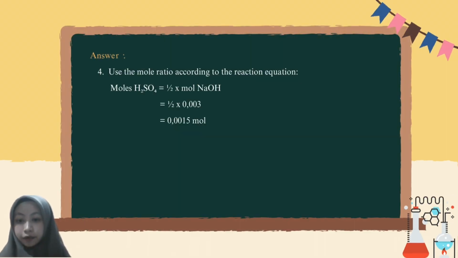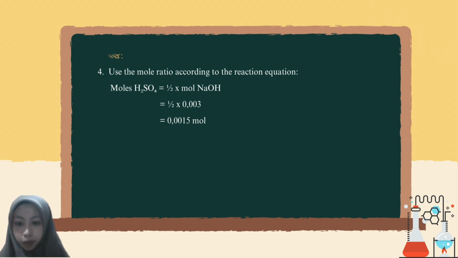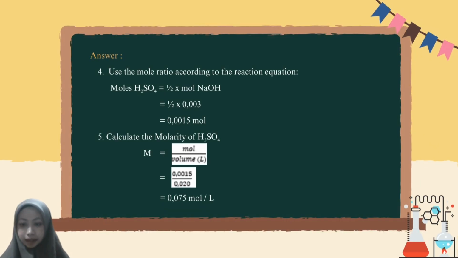Next, step number 4. Use the mole ratio according to the reaction equation. Moles H2SO4 equals 1/2 times mol NaOH equals 1/2 times 0.003 equals 0.0015 mol.